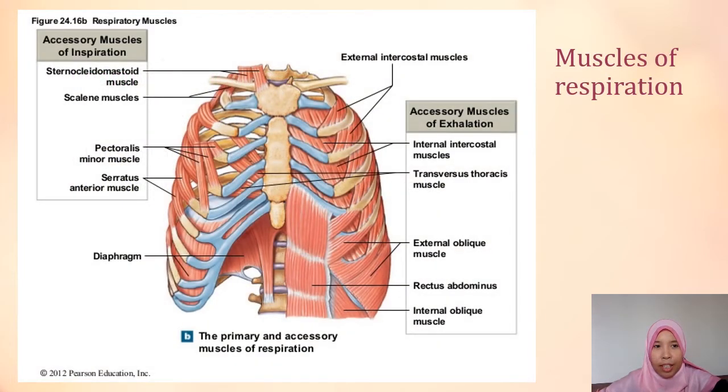Now we're going to look at the muscles of respiration. As you can see here, we have muscles that are involved in inspiration and muscles that are involved in exhalation. Over here, we have the diaphragm. The diaphragm is the main muscle for respiration, so we call it primary.